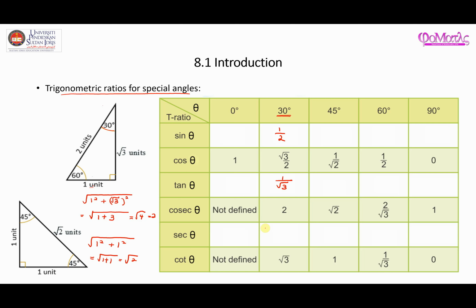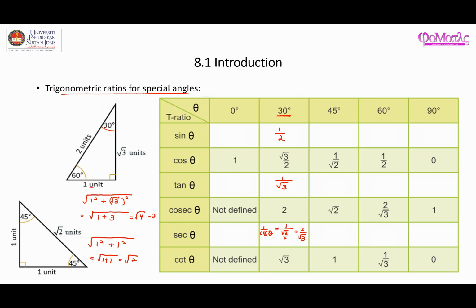Secant of theta is just 1 over cos theta. So based on that, cos of theta is root 3 over 2, and the final answer will be 2 over root 3.